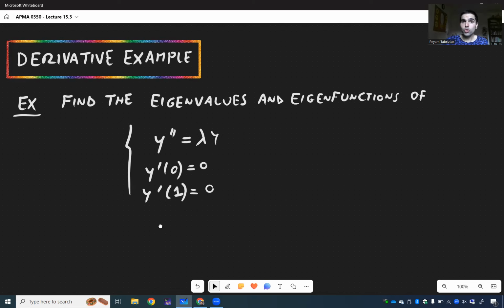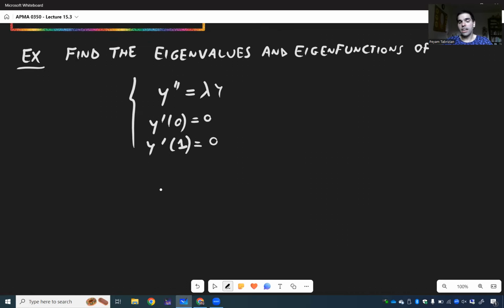Okay, so as usual, let's just find the auxiliary equation. Hopefully you notice that the steps are pretty much exactly the same. So the auxiliary equation is r squared equals lambda. We need to argue in terms of cases. So let's assume lambda is positive.